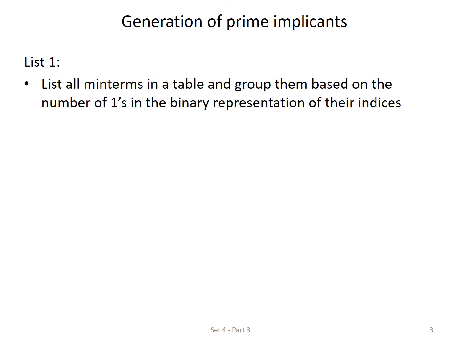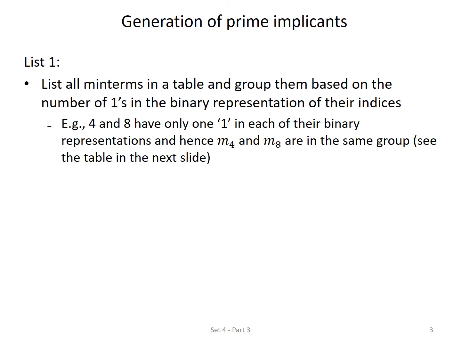The very first list, list 1, is in the first table, and in list 1 we write down all the minterms of the function for which the output is 1 and group the minterms based on the number of ones in the binary representation of their indices. For example, 4 and 8 have only 1 one in each of their binary representations. Hence, minterms M4 and M8 are in the same group. This is shown in the next slide.